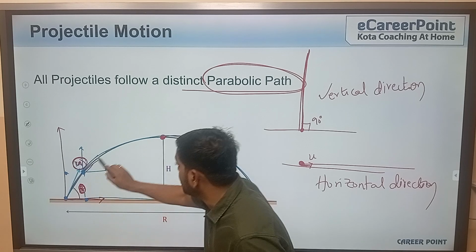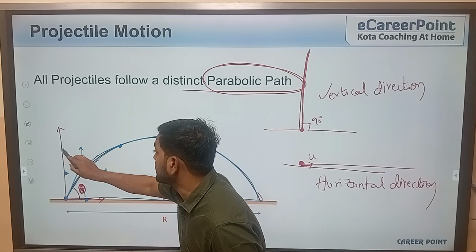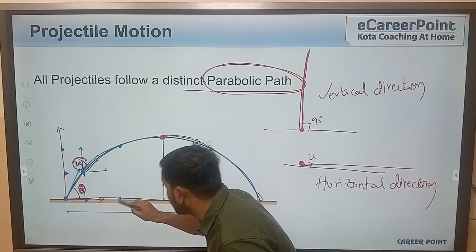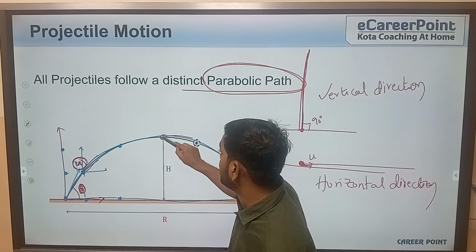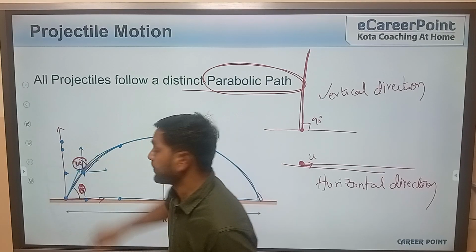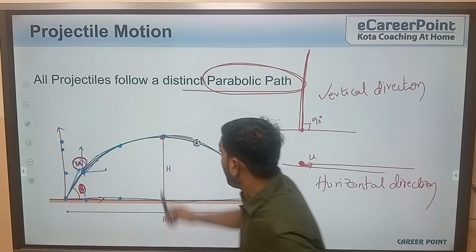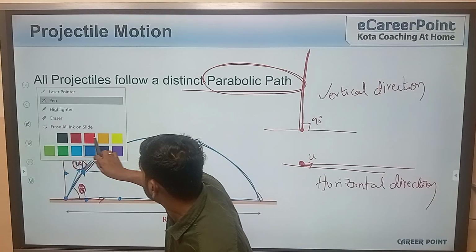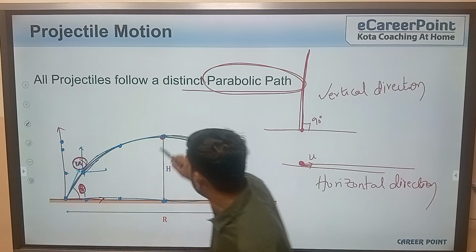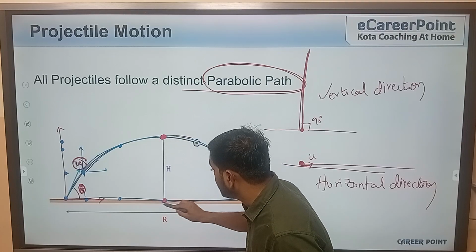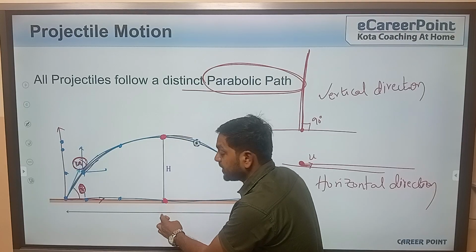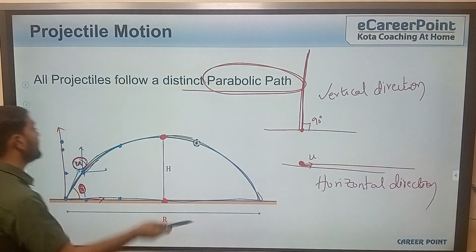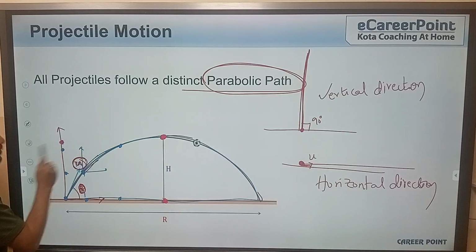Next, if this object moves to here, it moves along the vertical and along the x-axis, and we are going to see it here. If this object is here, then on the x-axis we observe the object here, and vertically we observe it here.